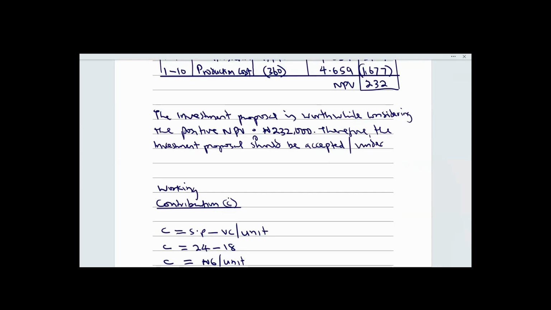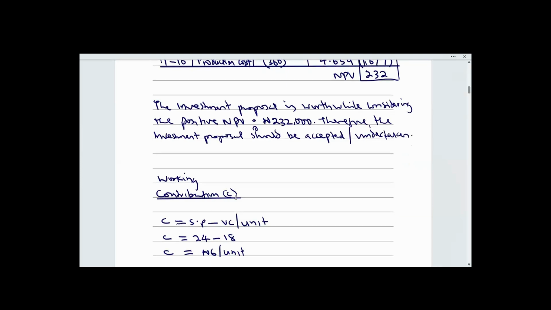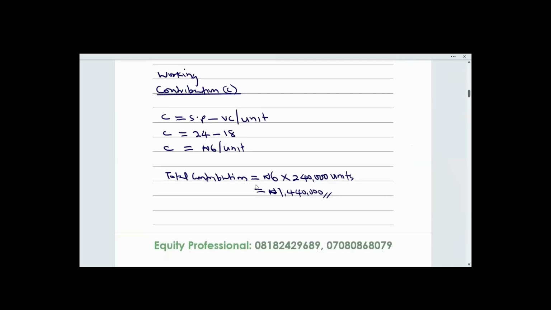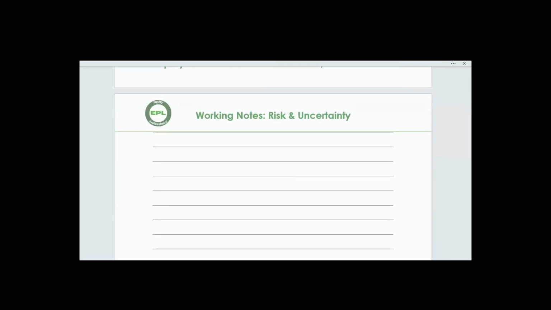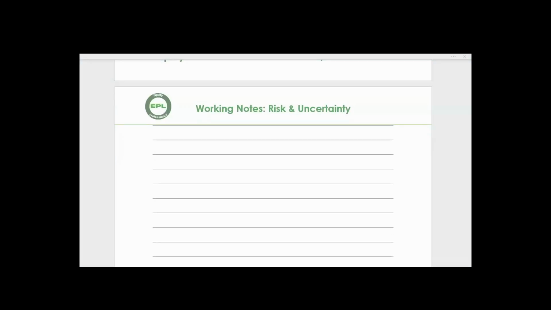Okay. So we have answered requirement A. We then move to requirement number B. Examiner is asking you to determine the tolerable level in which any of those variables can change. So you can see examiner asking you to calculate the tolerable level.